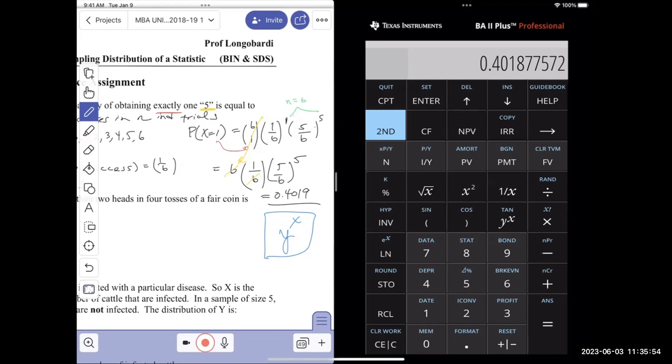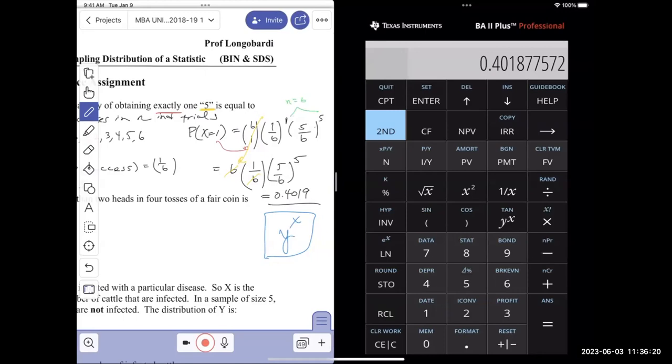Okay, so let's do a few more. I think we can do that and then go. And I'll leave you to work on sampling distribution of a statistic on your own. And when we meet again, we're going to wrap things up to move into inference, and we're going to have 3 solid weeks of inference, which is good.